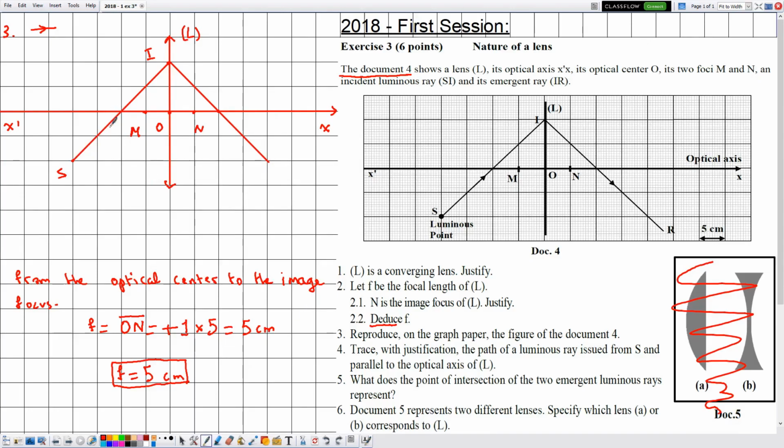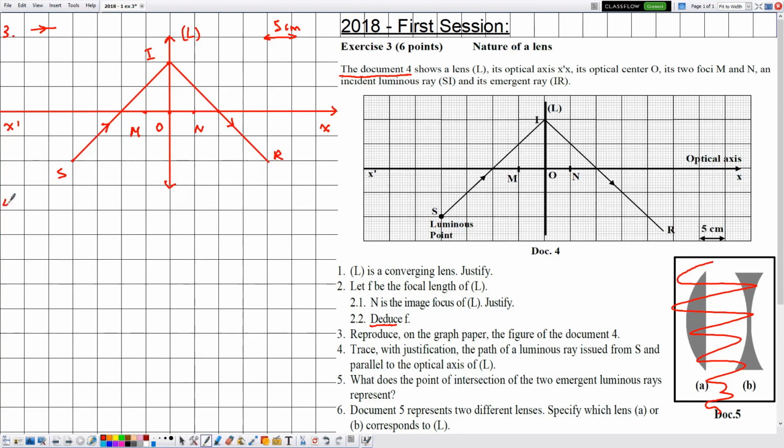And we don't forget arrows on light rays, incident rays as well as emergent rays, that indicate the direction of propagation of light. This is R. Moreover, the scale along the x-axis is given by 5 centimeters. So this is it for part 3.